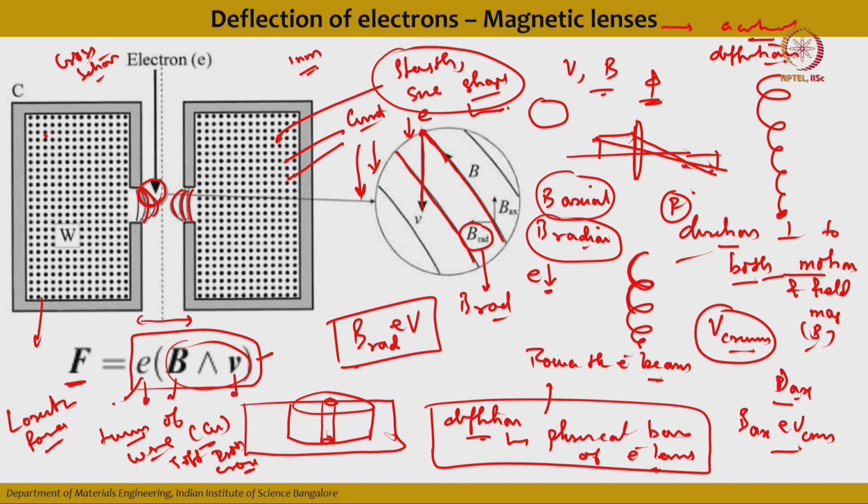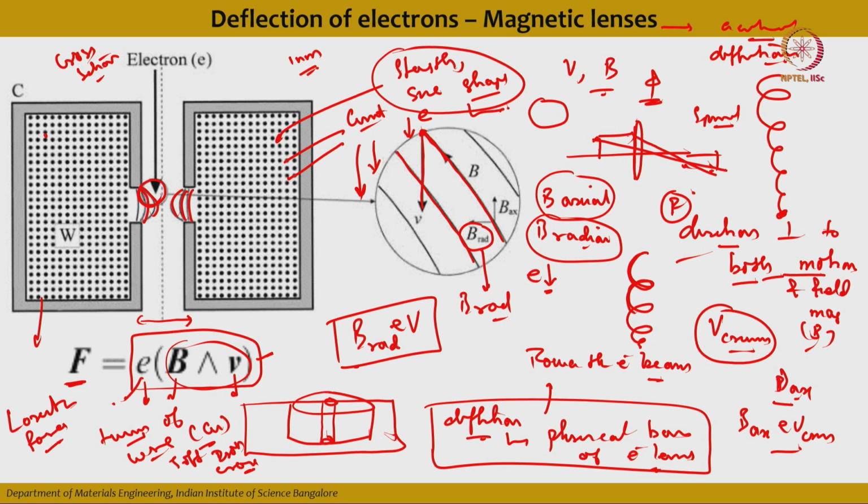This is different from a light microscope, where the light is spread. And this magnetic field is also used to deflect the entire electron beam.